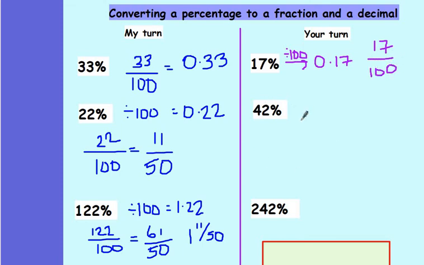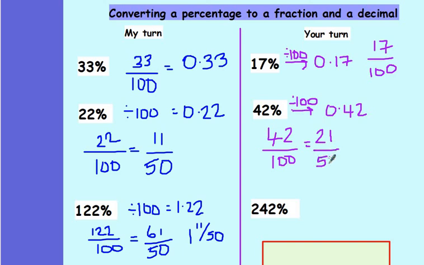My next one, I've got 42%. Let's convert that into a decimal first off. Dividing by 100 gives me 0.42. We know percent means out of 100, so as a fraction, it's 42 out of 100, which is 21 out of 50, if I simplify it.